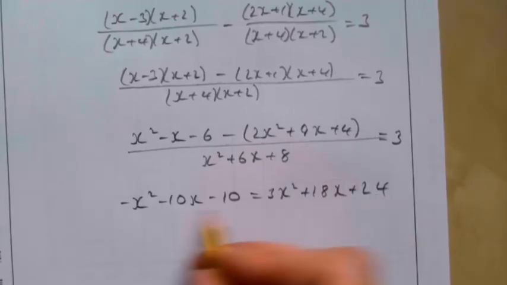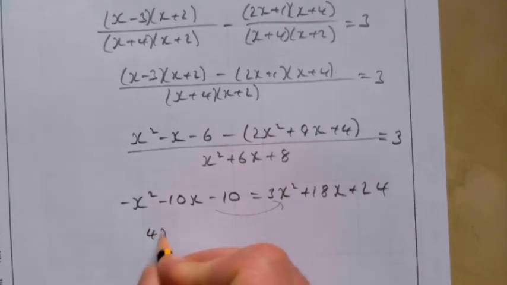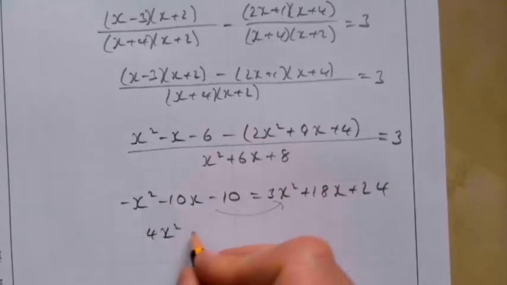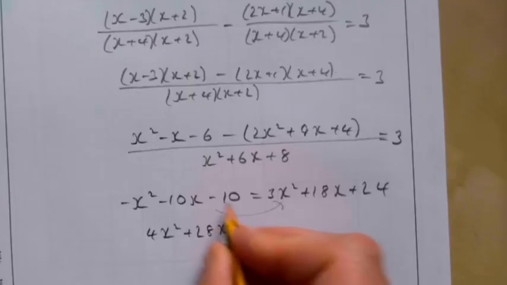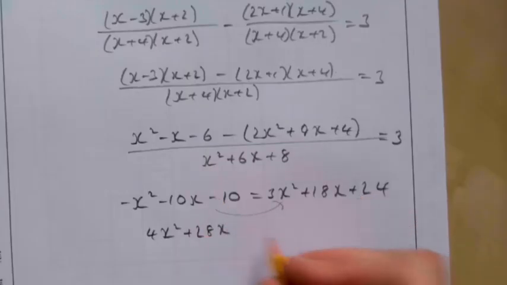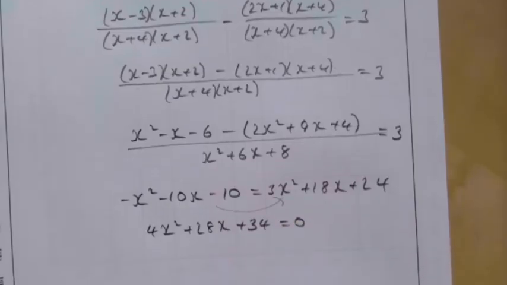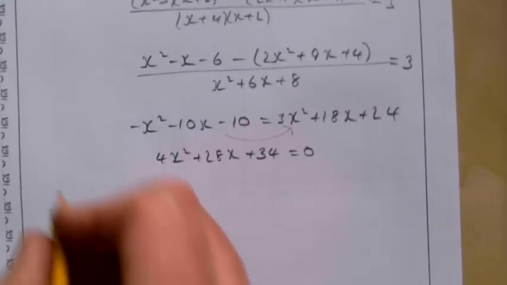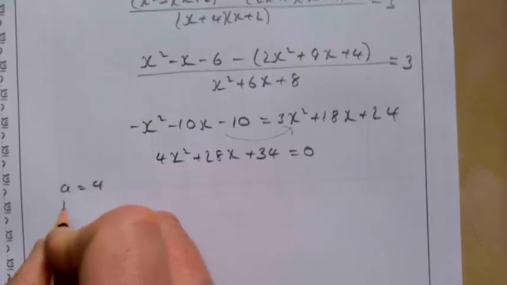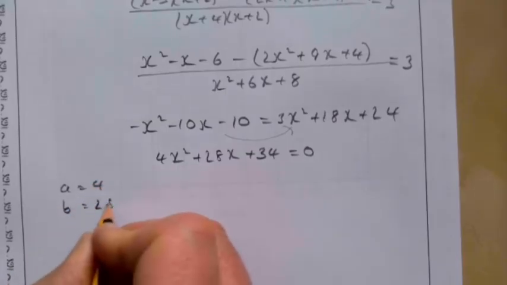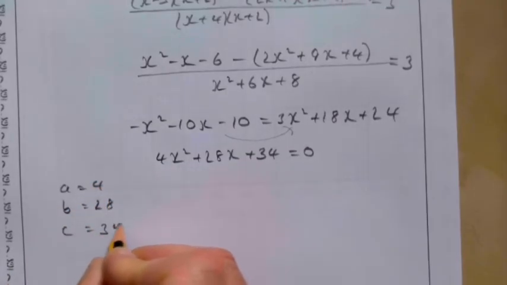Adding everything so we get it all on the one side. So I'm going to move everything over to this side here. Gives me 4x squared plus 28x plus 34 equals 0. And now I'm going to use the formula. A is 4, B is 28, and C is 34.